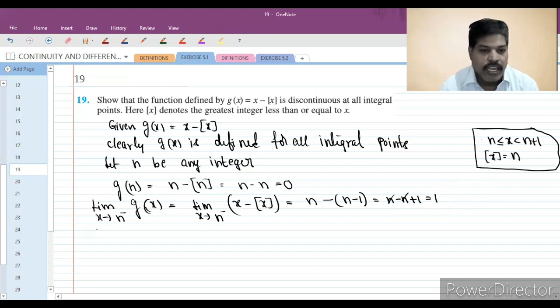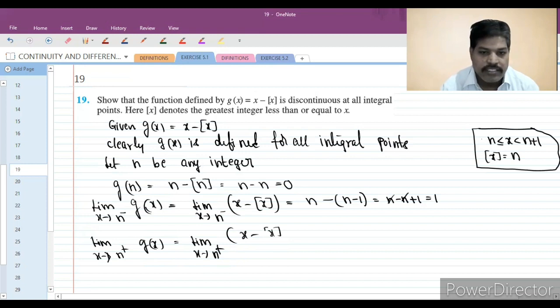Similarly, we can take the limit as x extends to n plus of g of x. In this case, what happens, students? g of x is the same, x minus step x.